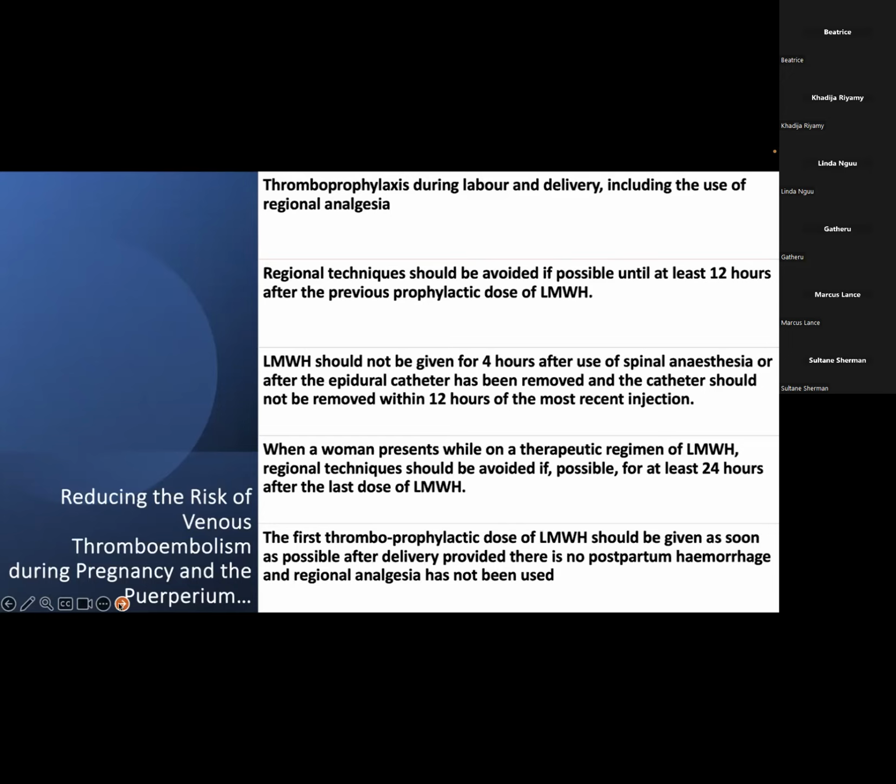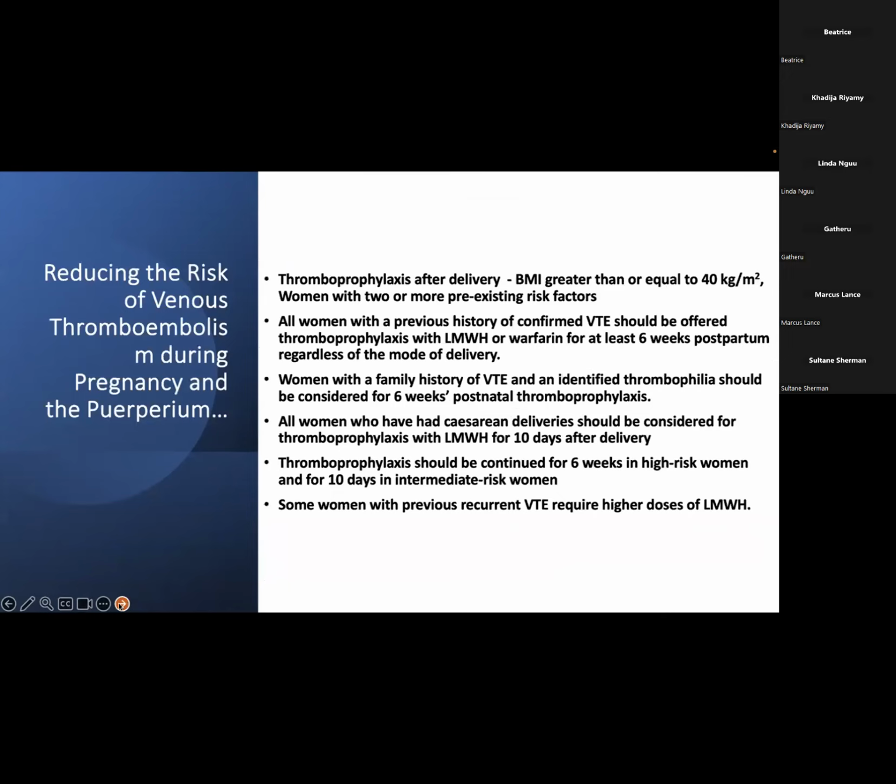The first thromboprophylactic dose of low molecular weight heparin should be given as soon as possible after delivery, provided there is no postpartum hemorrhage and regional anesthesia has not been used. That cannot be belabored beyond the point that I've made. Reducing the risk of thromboembolism during pregnancy and puerperium is important.